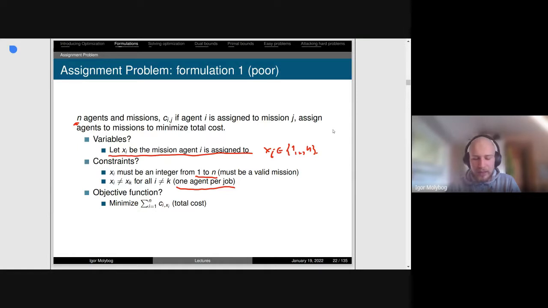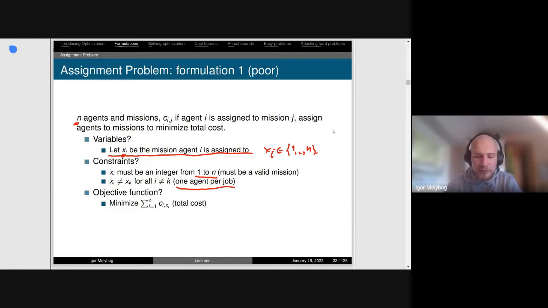But by the interpretation of our variable, we assumed that each agent must take a job, just because for each agent there is an xi. So if we assume that, that's a good point, that it could be the case that we had to impose it if we were to actually.